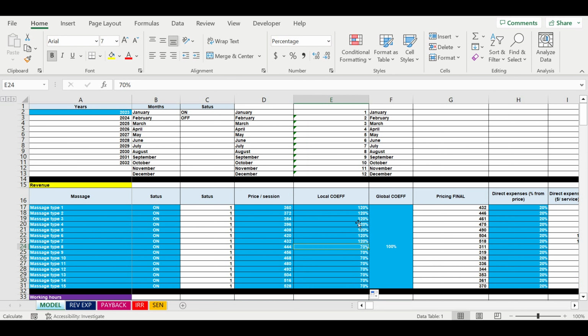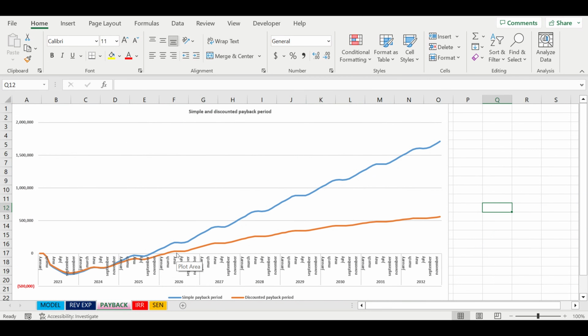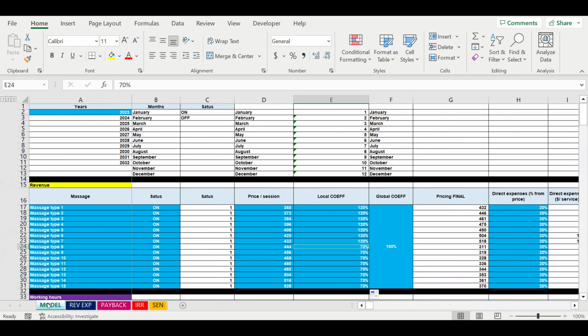So I'm done with that. I'm going back to the diagram and waiting for the update of the adjustments that I made. All this is valuable when you are done with all inputs and you just want to play and see which parameter affects your business idea in which way.